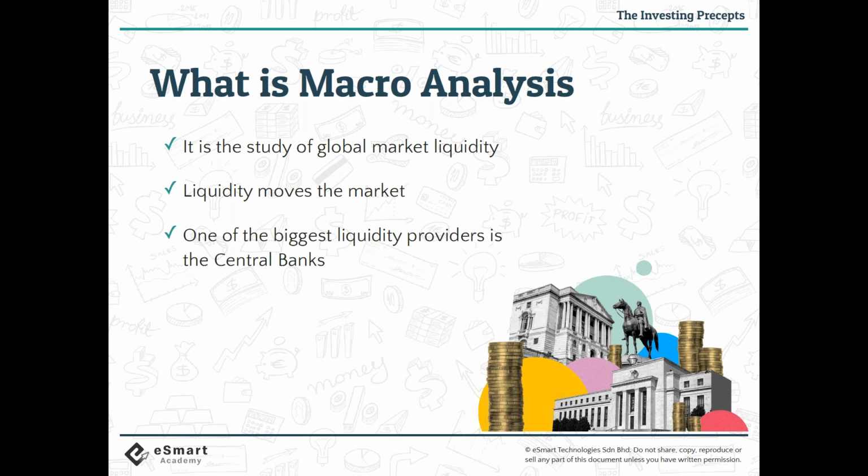One of the biggest liquidity providers is our central banks. Just now I talked about it. In 2020, a lot of central banks globally were cutting interest rates and printing money. That is increasing liquidity. It makes money flow easier. And when liquidity is loose, just like I mentioned, the market tends to be supported.